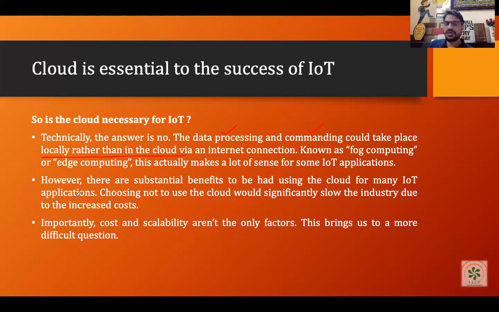Instead, can I use some technique in which I can process locally, generate the result locally, and store the data locally? Yes, it is possible. How? It is possible with the help of the concept of fog computing. Fog computing is a phenomenon where most of the essential requirements of the cloud are handled locally.